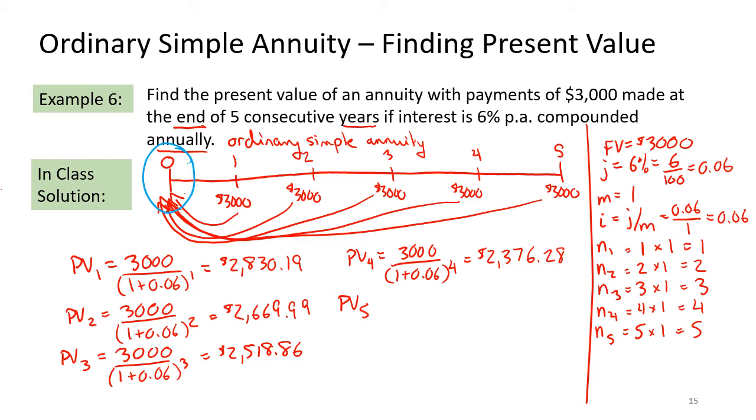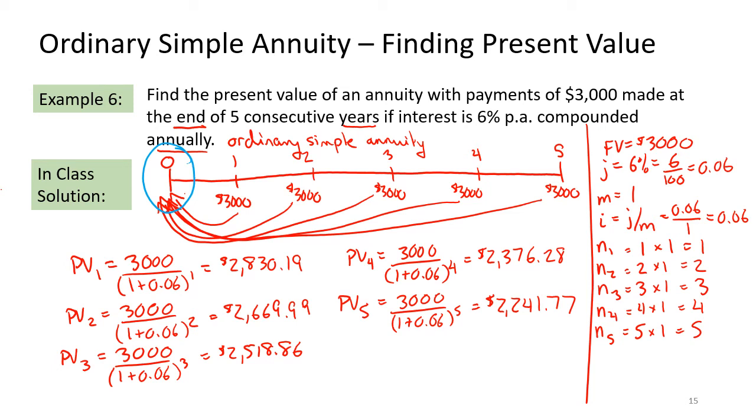And lastly, for our 5th deposit, we have 3,000 divided by 1 plus 0.06 to the exponent 5, and we get $2,241.77. So we have them all discounted to the same focal date, which is today.